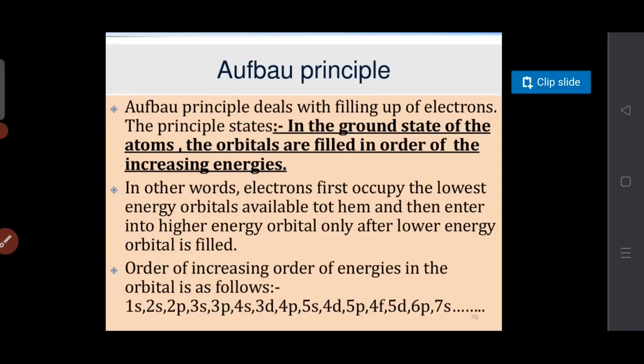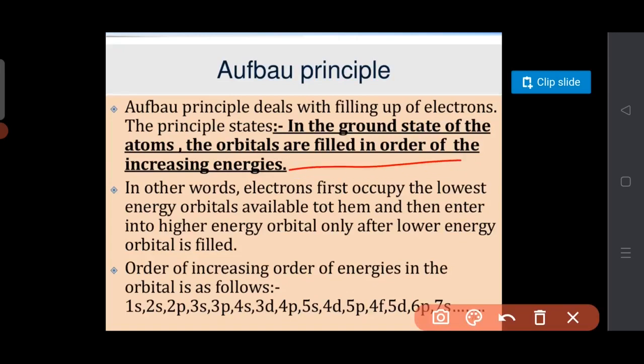So, generally the electrons fill up the energy levels from lower orbital to higher orbital. So, according to the Aufbau principle, in the ground state of the atom, the orbitals are filled in order of increasing energy.